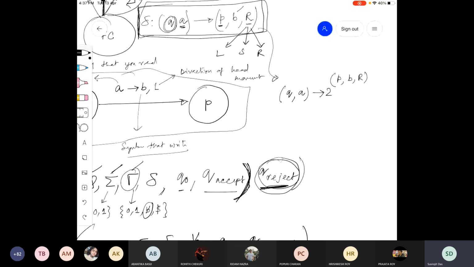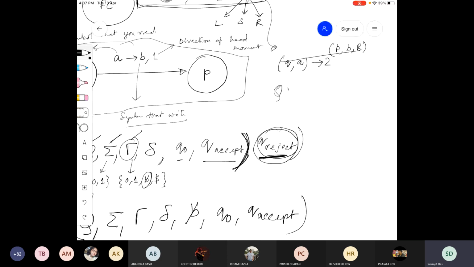Now this is not a proper way to write, right? So we'll write Q cross tau, tape alphabet, is going to 2 to the power Q cross tau cross M. What is M?